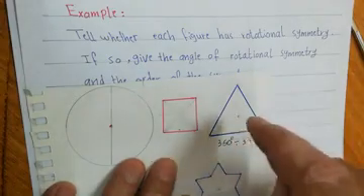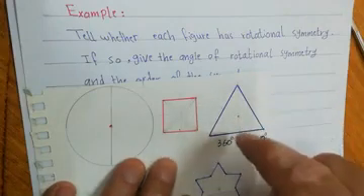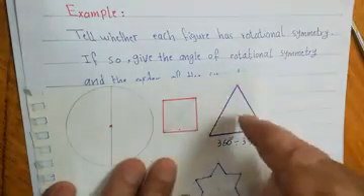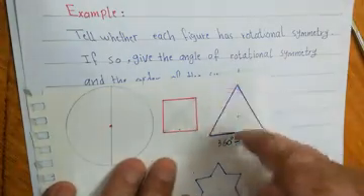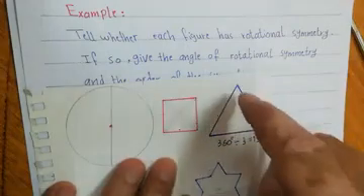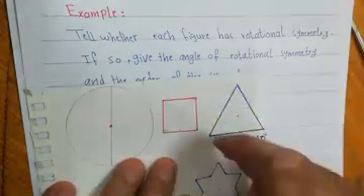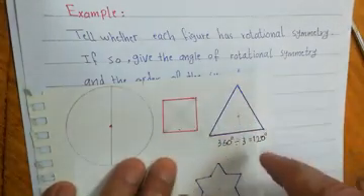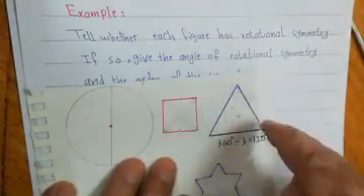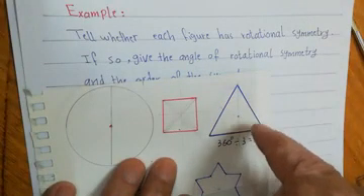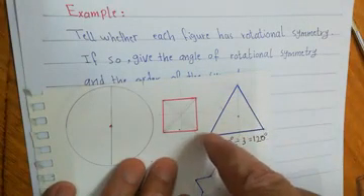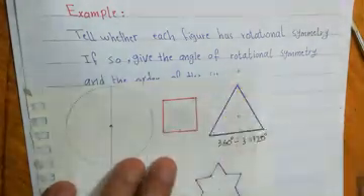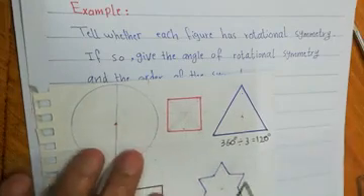And the last time, after one more 120 degrees, it will repeat itself for the third time. So it will fit itself 3 times: the first time after 120 degrees, the second time after 240 degrees, and the third time after 360 degrees. So this is the angle of rotational symmetry.